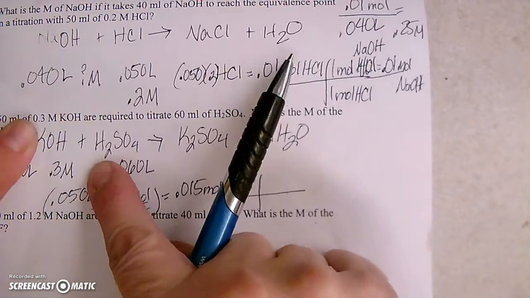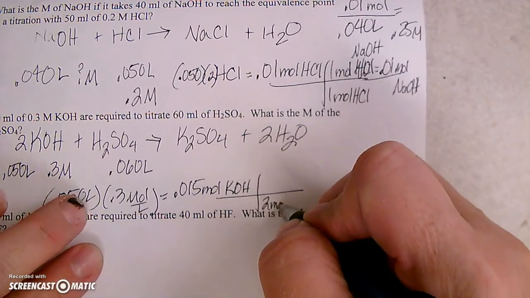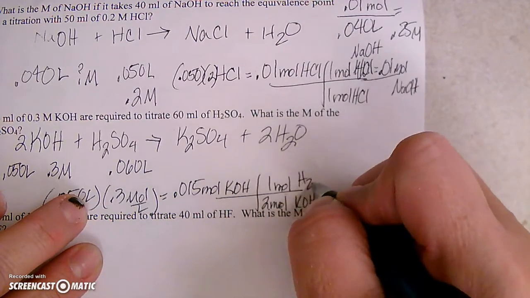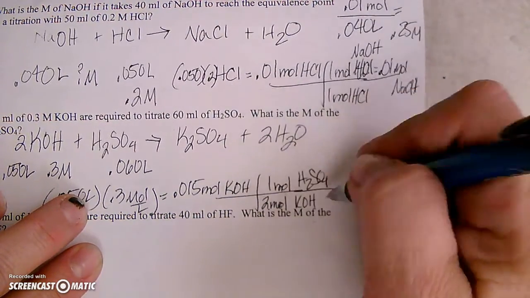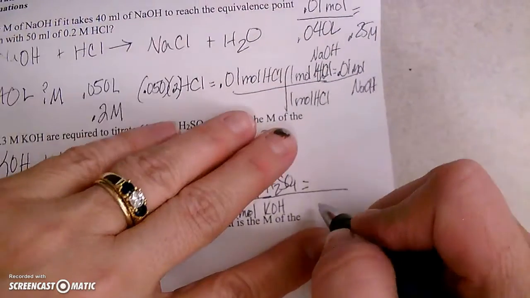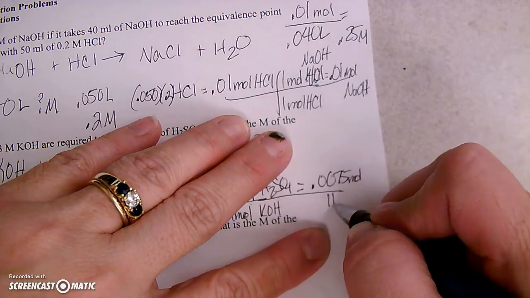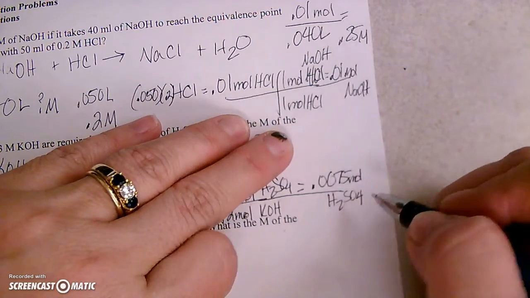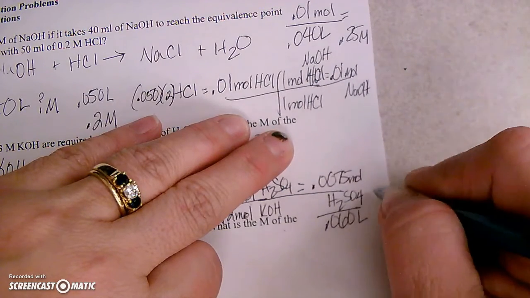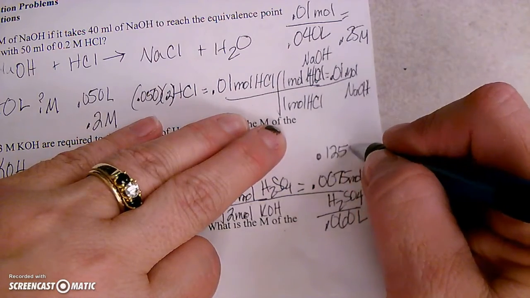What's my ratio of KOH to sulfuric acid? 2-to-1. 2 moles KOH, 1 mole H2SO4. That's going to give me 0.0075 moles of sulfuric acid. I want molarity, so I have to divide by the volume, 0.060 liters, and that is going to give me 0.125 molarity.